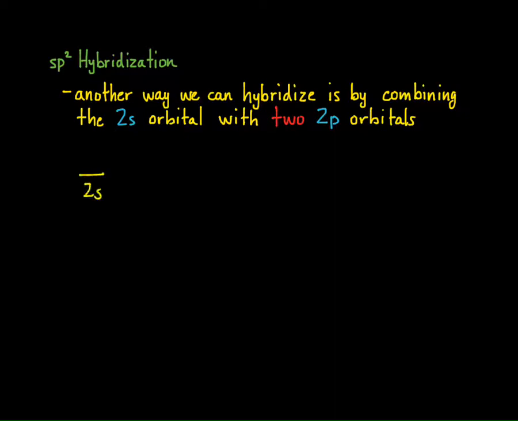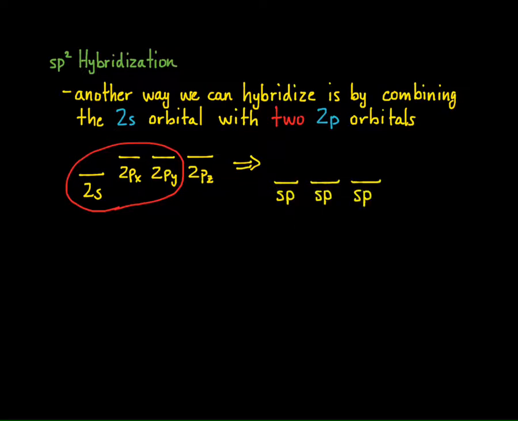So again, we look at our atomic model where we have the 2s and the 3 2p orbitals, and we're going to now combine the 2s with 2 of the 2p orbitals, right? And the result is, since we're combining 3 orbitals, we get 3 orbitals out of it.